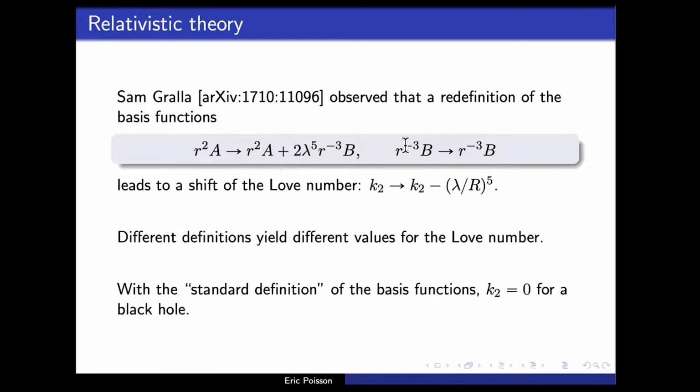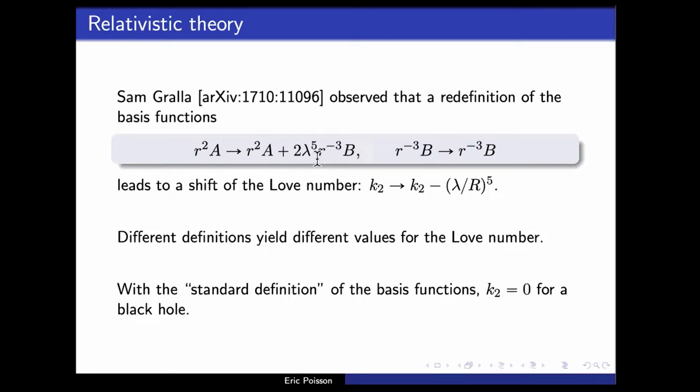The decaying solution has to remain decaying. So you don't have a freedom to redefine B, but you have a freedom here to redefine A in this way. And if you were to do this, then you would change the characterization of what is a tidal field and what is a response. And that is a very simple calculation, would lead to a shift in Love number.